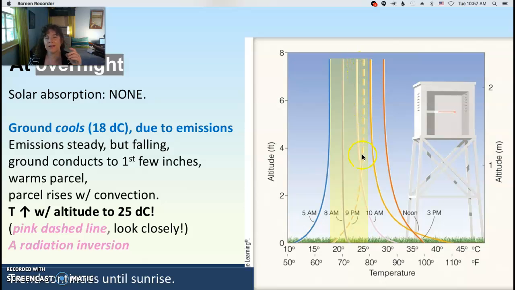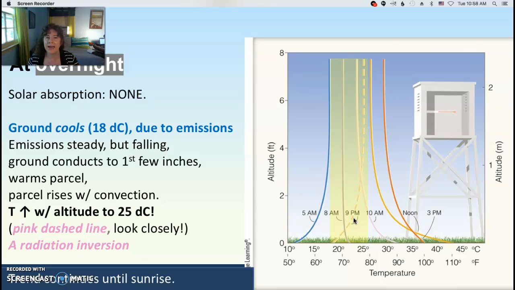And if you look at that pink dashed line, it should remind you of the 5 a.m. line that was a radiation inversion. Yes, the temperature is increasing over altitude. That surface temperature is lower at 9 p.m. and the temperature at the weather station is higher at 9 p.m. You've got a radiation inversion here. Why do you have that? You have that here because there is no conduction happening in this area because you haven't got any more solar absorption coming in overnight.